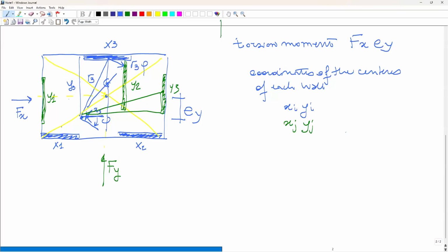But we are describing it as the chord of that arch. That assumption is the assumption of small displacements. And we can say, okay, the arch is r phi. But if it's small, the arch and the chord coincide, and the sinus of the angle coincides with the angle, and we can say that the chord of that arch is r phi.